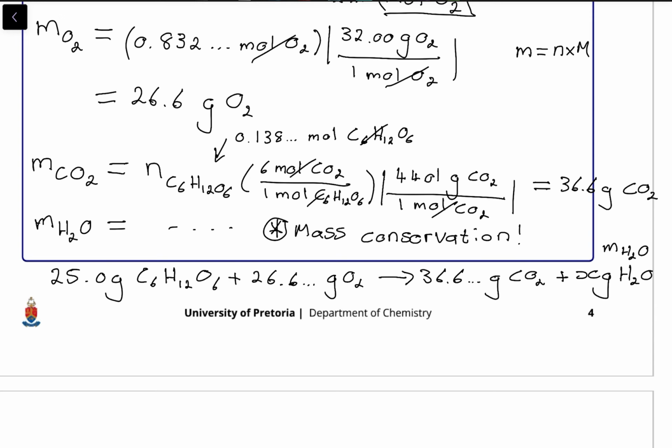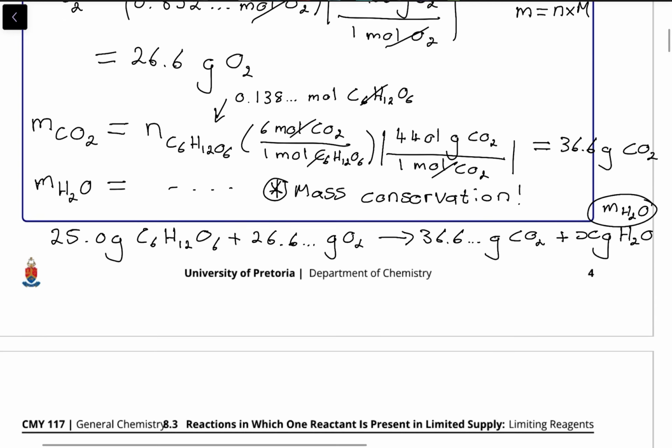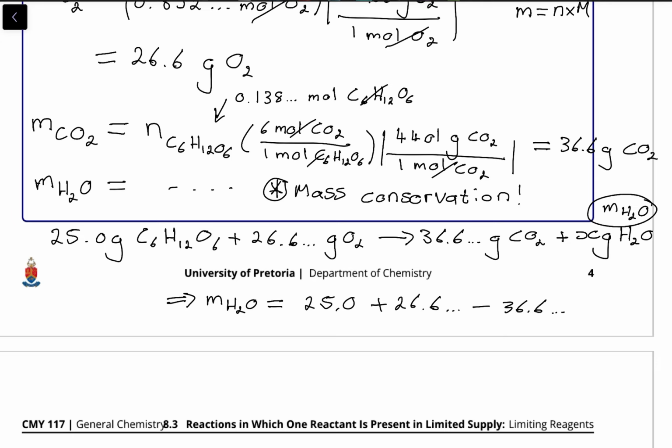So then all we need to do is solve for this thing. That means the mass of H2O is equal to 25.0 plus 26.6 minus 36.6, which is equal to 15.0 gram.